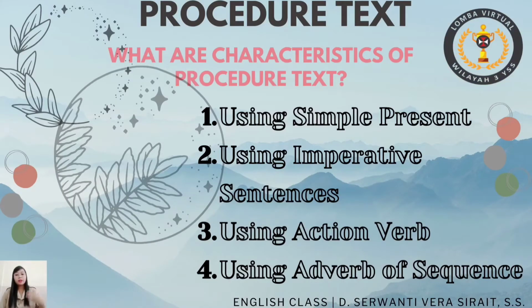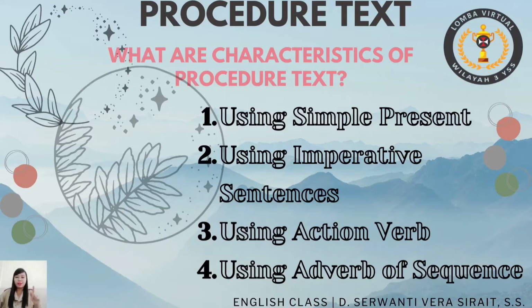What are the characteristics of procedure text? The first one is using simple present. For example, prepare all the ingredients and tools. This is an example of simple present. The second is using imperative sentences. For example, add 2 spoons of sugar.